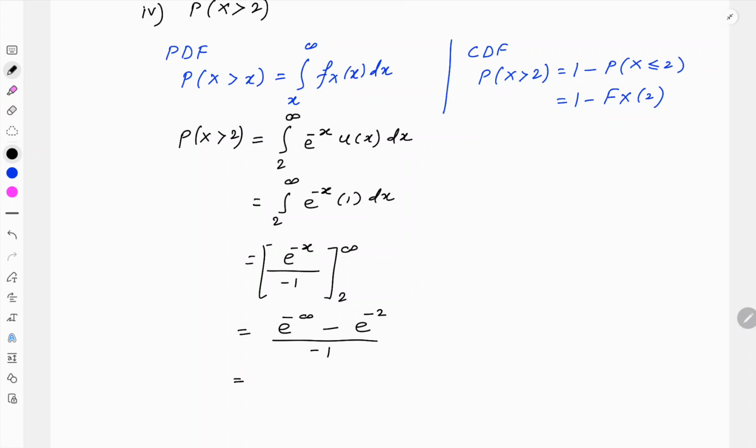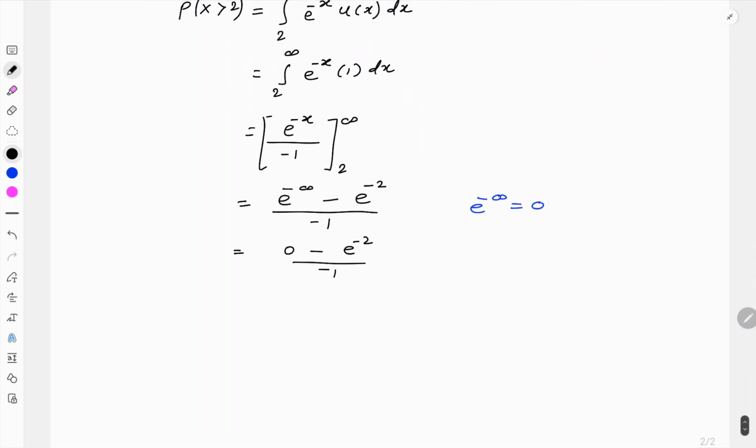So we know that e raised to minus infinity is 0. So 0 minus e raised to minus 2 upon minus 1. So 0 can be neglected, so minus minus becomes plus. Our answer is simply e raised to minus 2. So it is probability of x greater than 2. So if we find out the value of e raised to minus 2, 0.1353. So this is the answer for fourth part.